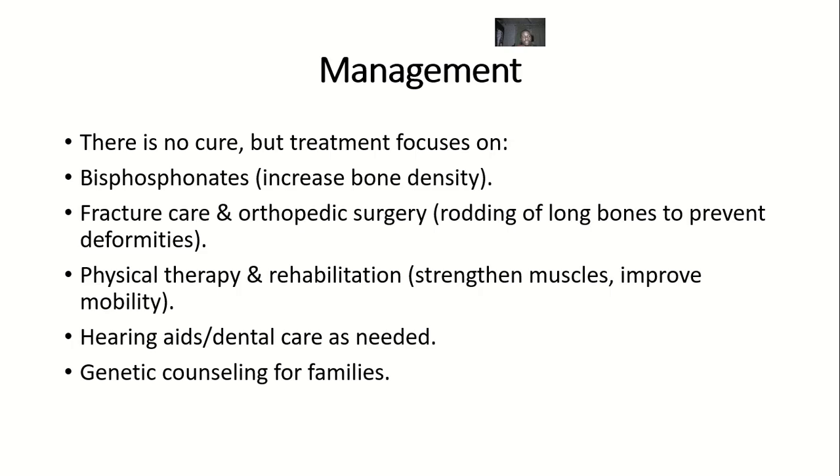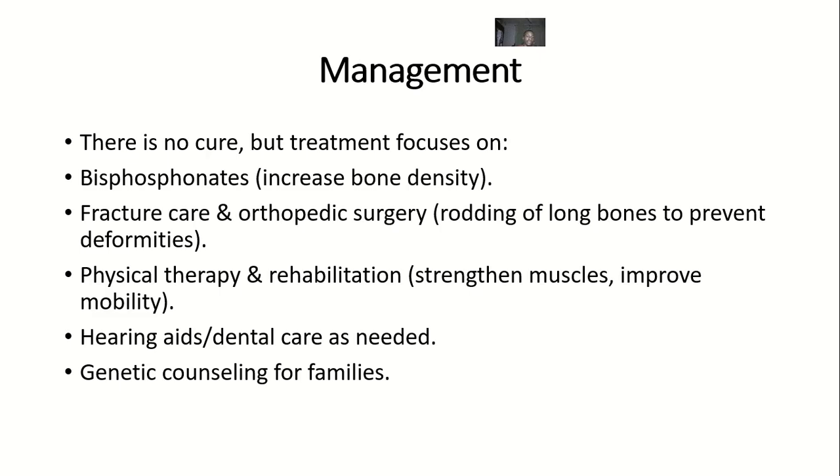What is the management? Till now, there is no cure for osteogenesis imperfecta, but treatment focuses on bisphosphonates. Bisphosphonates, when administered, increase bone density. You give care for the fracture, and then orthopedic surgery can be performed, where rodding is done to prevent deformities of long bones.